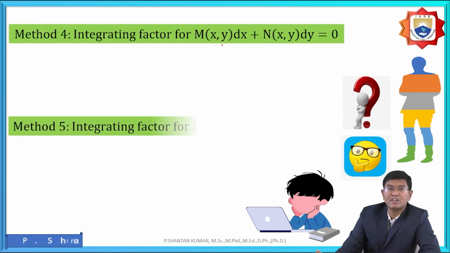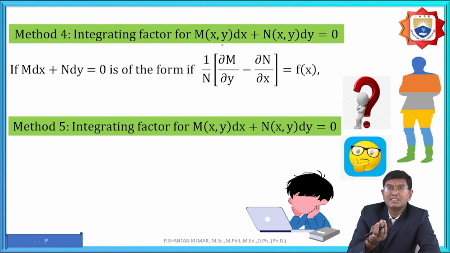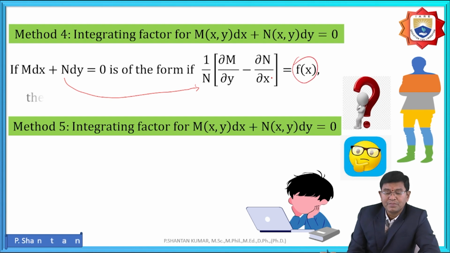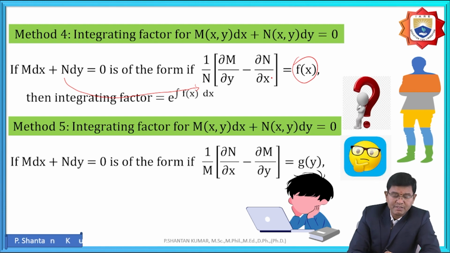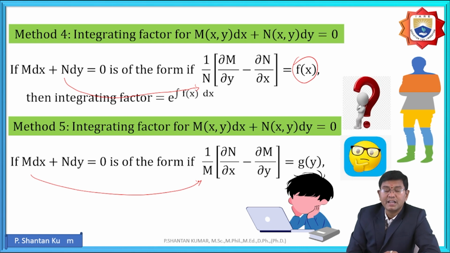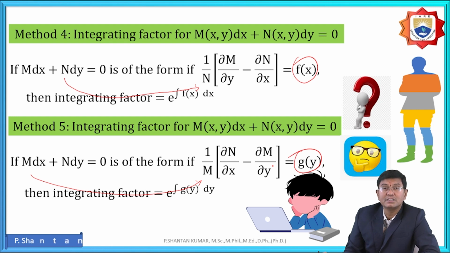And the fourth and fifth ones, which we discuss now: if M dx plus N dy is equal to 0, and M or N is a small quantity, we assume that 1 by N into (dou M by dou y minus dou N by dou x) is a function f of x. Then the integrating factor is e power of integration f(x) dx. And similarly, if M is the small quantity in the given equation, we identify 1 by M into (dou N by dou x minus dou M by dou y) is equal to g of y. Then the integrating factor is e power of integration g(y) dy.